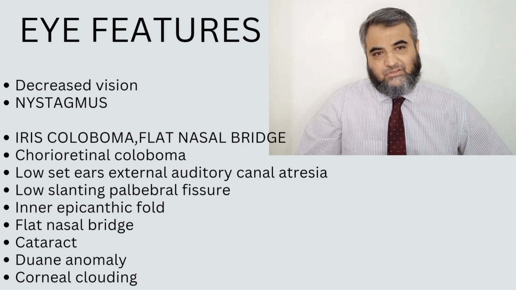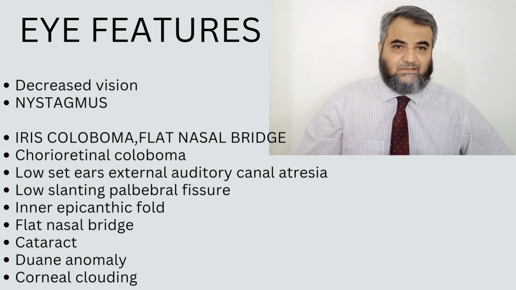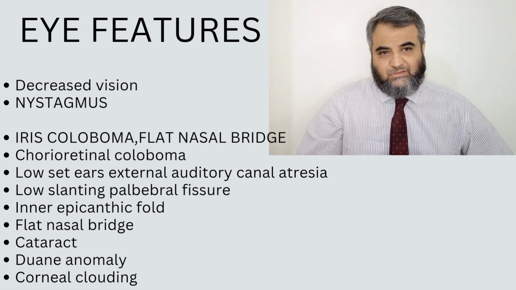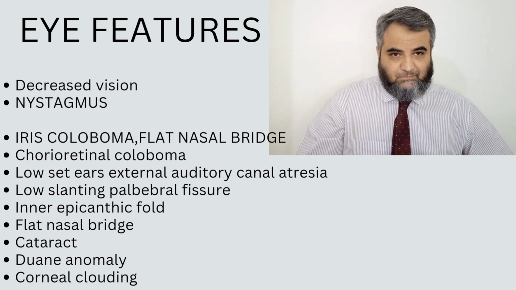This is the characteristic feature, and these features develop in the child during pregnancy. These patients usually present with low vision, and once the vision is low, they may also have features of nystagmus.